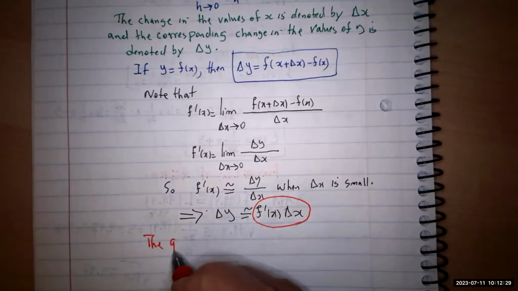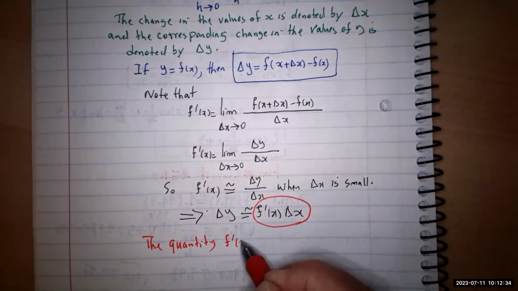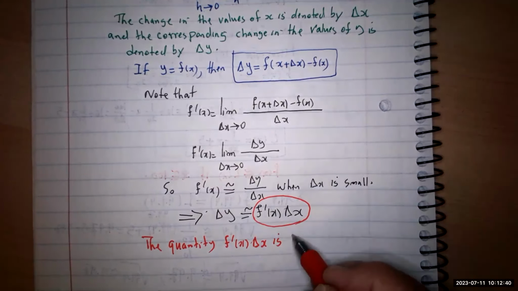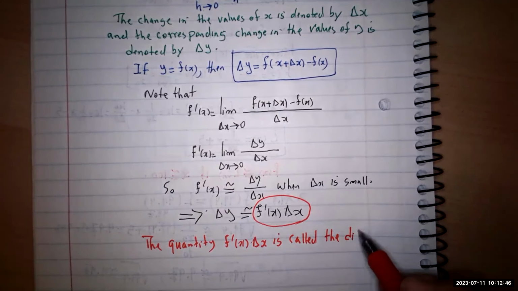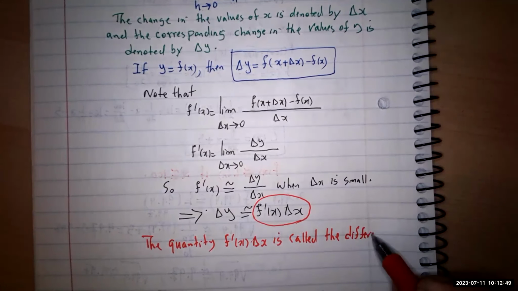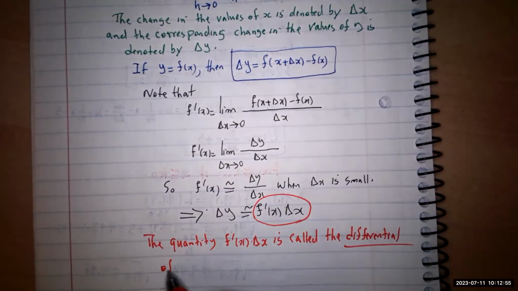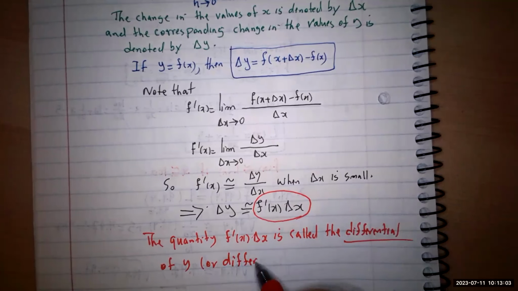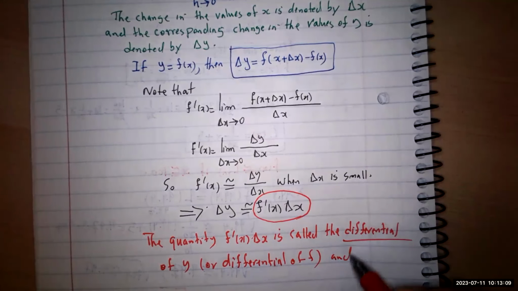So the quantity f prime of x times delta x is called the differential of y or differential of f, not derivative, differential of f, and is denoted by notation.